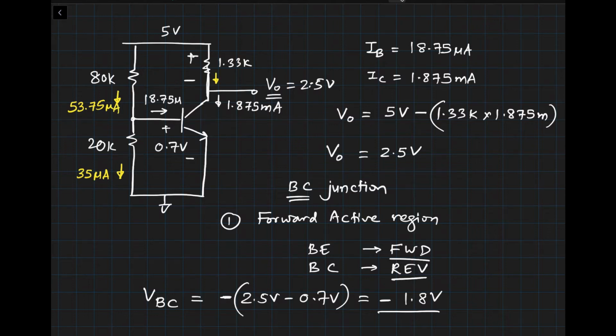Current here is going to be 1.875 milliamps. What is the emitter current? Emitter current is the summation of the base current and the collector current, which is equal to 1.893 milliamps. That's your emitter current.